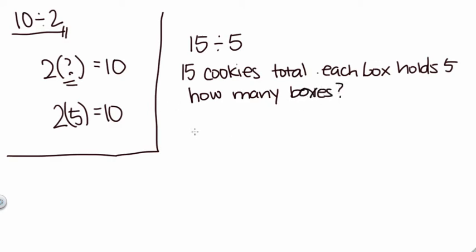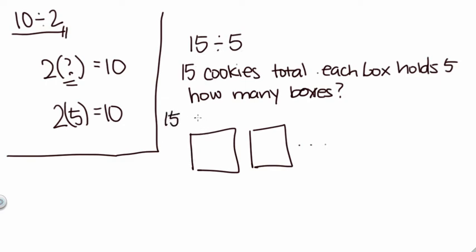So we can think of it, and then we don't know how many boxes we should have, right? So we have 15. We're going to place 5 in here. So now we have 10 left, right? So when we have 10 left, we place another 5 in the second box, and we have 5 left.